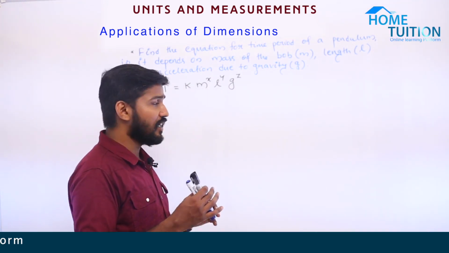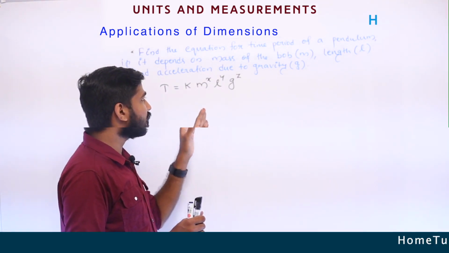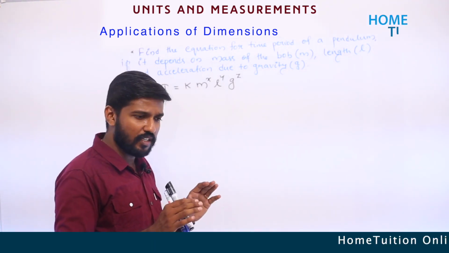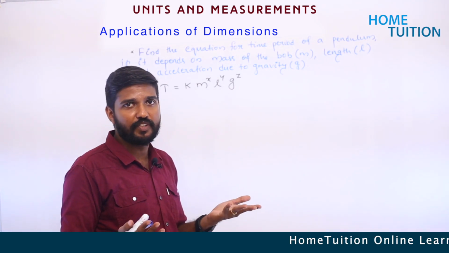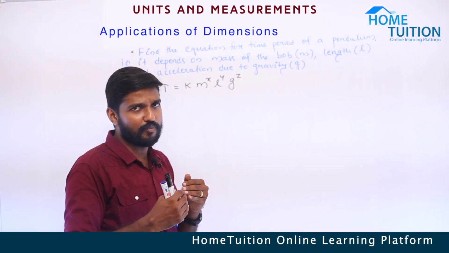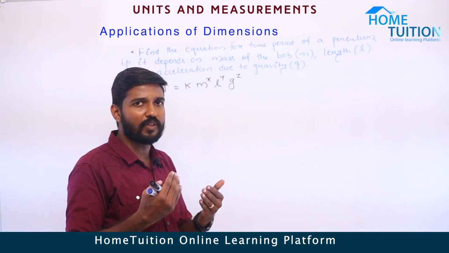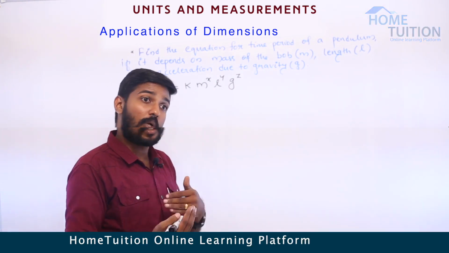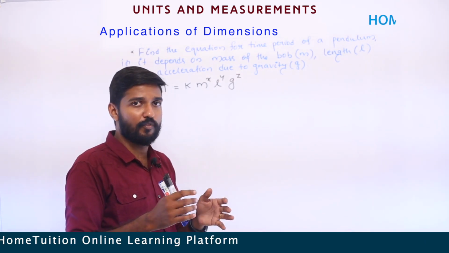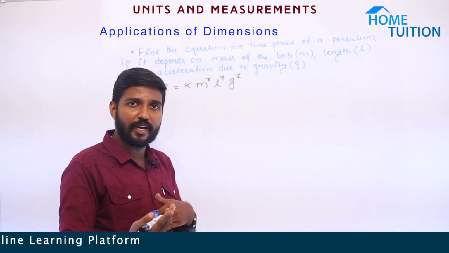Okay, and see, the time period depends on mass, length and acceleration due to gravity, but we don't know the actual equation. We don't know whether it depends on mass, or the square of mass, or the cube of mass, or whether it depends on length, or length raised to -1 or -2.